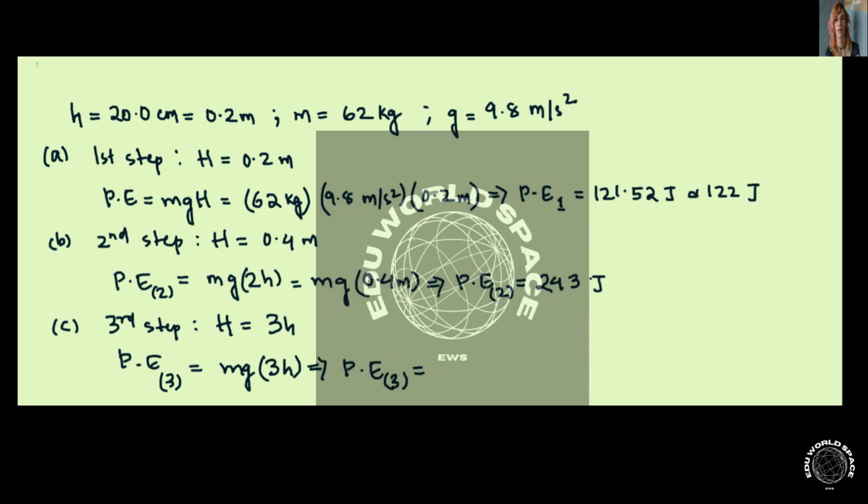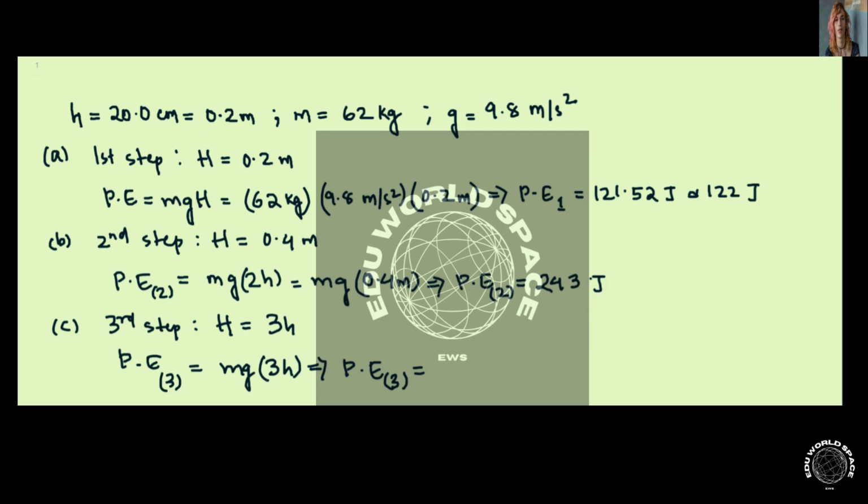So if a person is standing on the second step, mg times 2h is twice of mgh, or twice of this value. So you can simply take 2 times 121.52 and you'll find the potential energy on the second step.